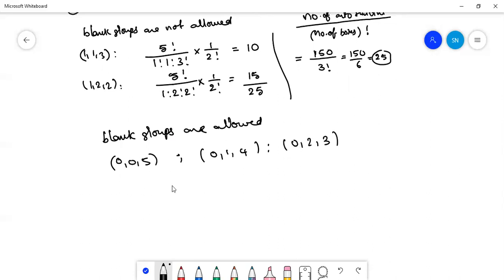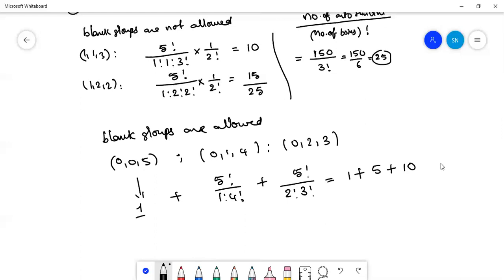So 0, 0, 5 is only one way, and 0, 1, 4 is 5 factorial by 1 factorial into 4 factorial, plus 5 factorial by 2 factorial into 3 factorial. 5 factorial by 4 factorial is 5. Coming to the last point, 5 factorial over 2 factorial into 3 factorial comes as 10.